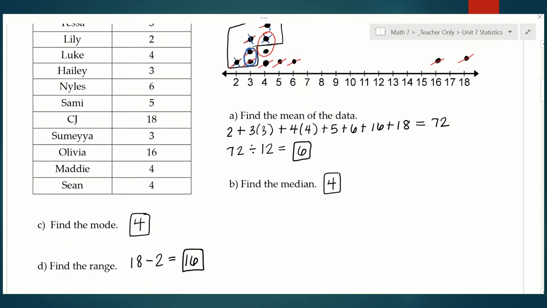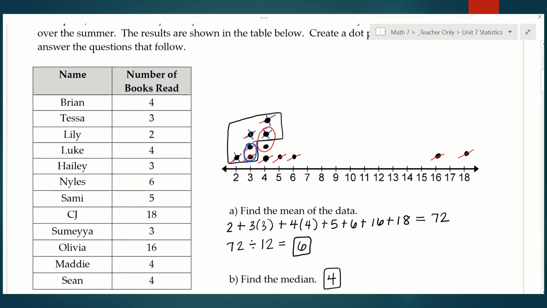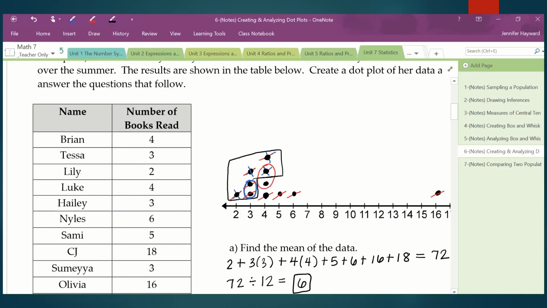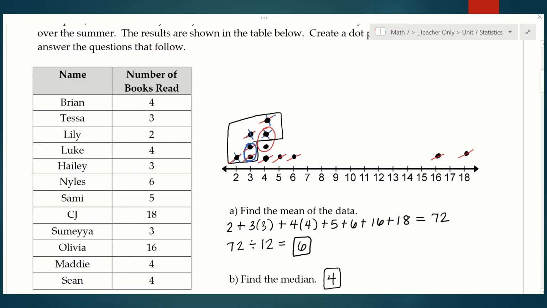Okay, so we're going to do the same exact thing to find the third quartile. So we've already split our data in half, and so we know that we have the same number of dots on the second half of our dot plot. And so again, we're going to cross off from the ends. So this dot with this one, this dot with this one, and now I'm left with these 2 dots in the middle of my second half.